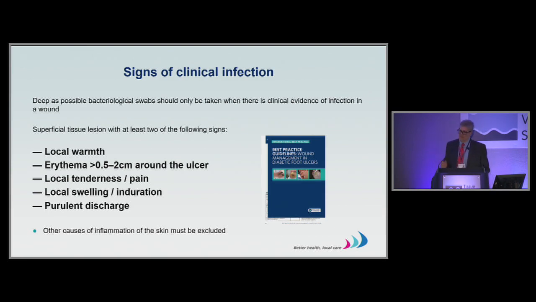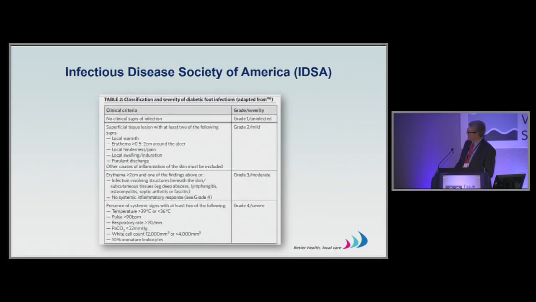So a mild infection, which we probably see predominantly in the community, has one or two of the following signs: local warmth, erythema, local tenderness or pain, induration in the actual area, and purulent discharge.